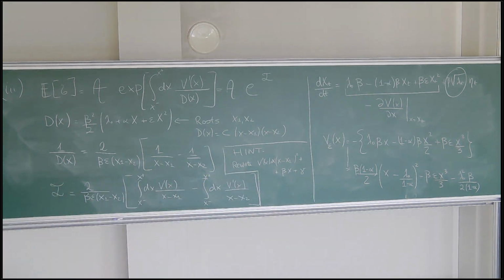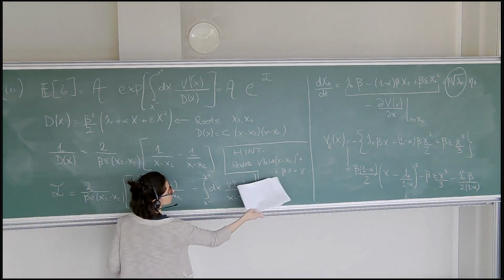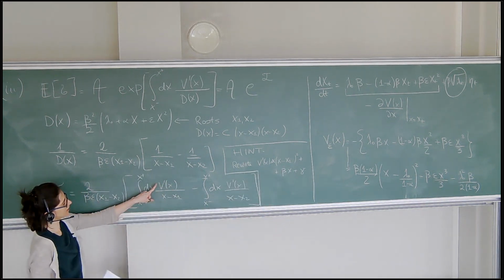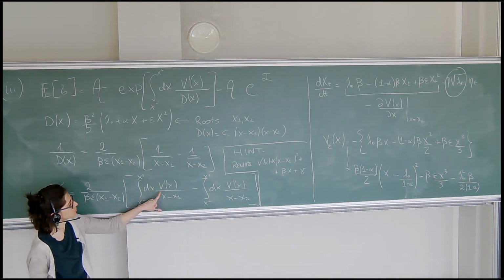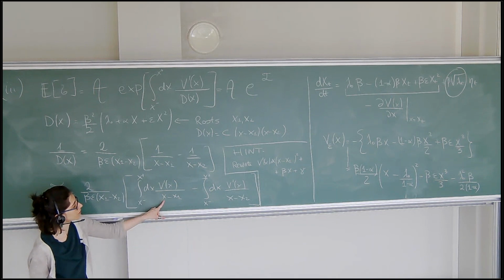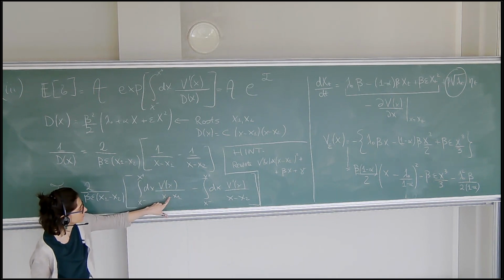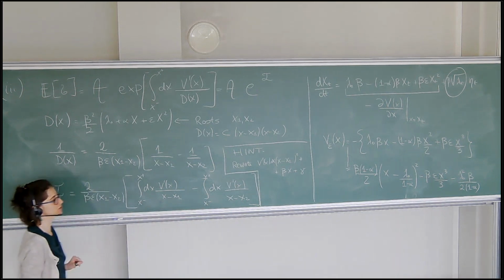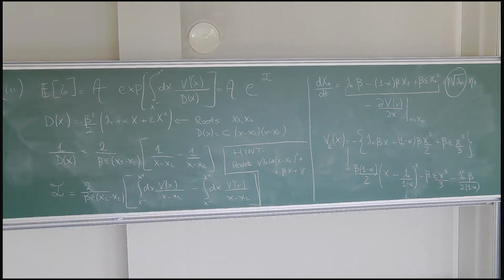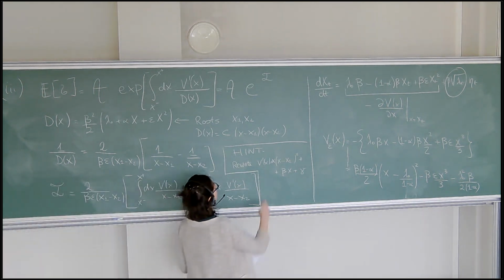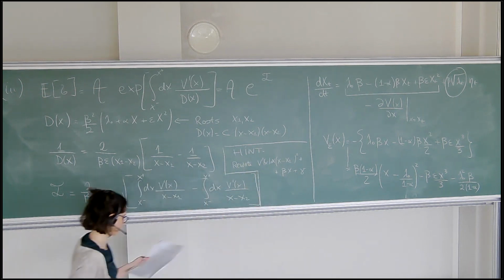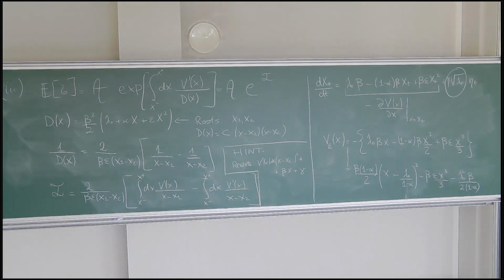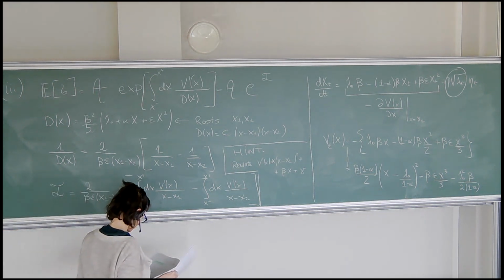So this is an exercise. And once you rewrite it in this way, you plug it in here, and you see that you have either terms which are linear in x, or the only non-trivial term that you get is of the form gamma over x minus x1, that will give you a logarithm. So if you do these tricks, you can compute these expressions quite easily, but I'll leave it to you, and you can of course check the solutions.